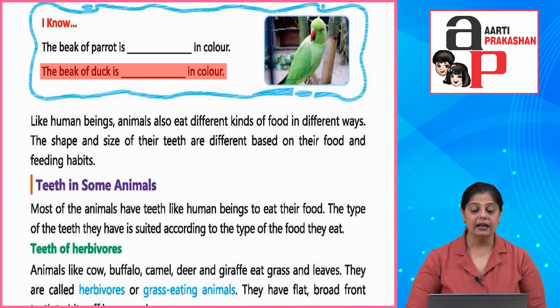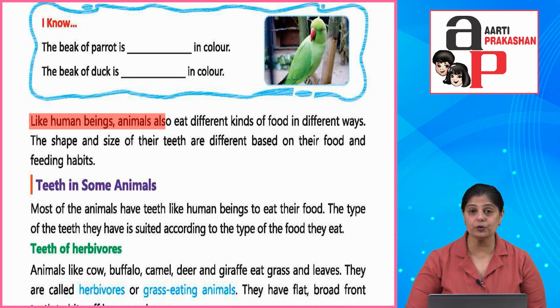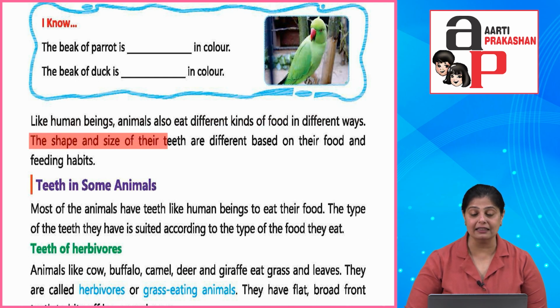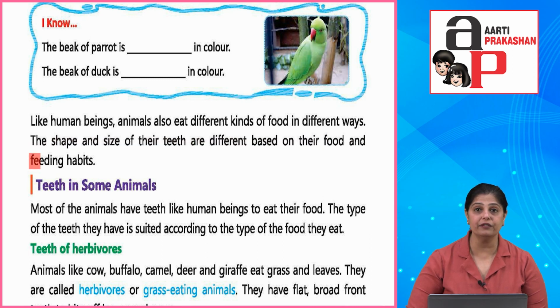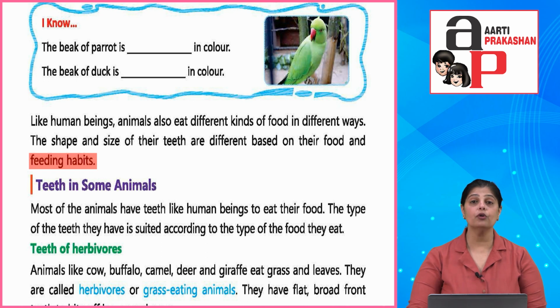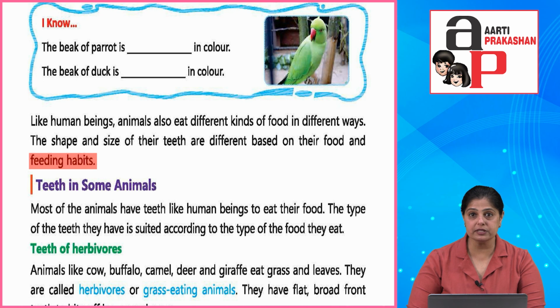Now like human beings, animals also eat different kinds of food in different ways. The shape and size of their teeth are different based on their food and feeding habits. So according to the structure of the animal, they have different ways of eating and different teeth.